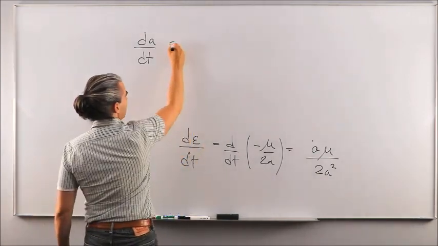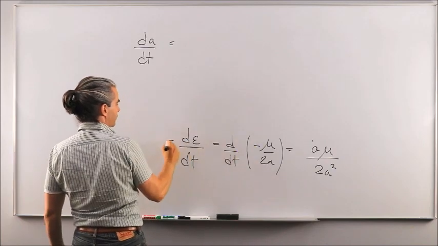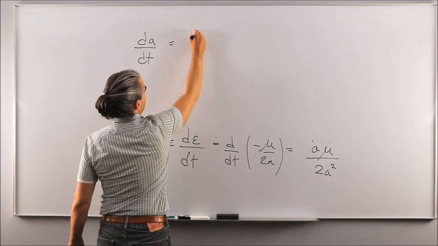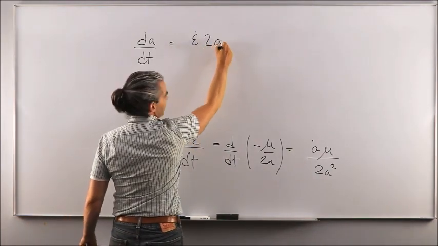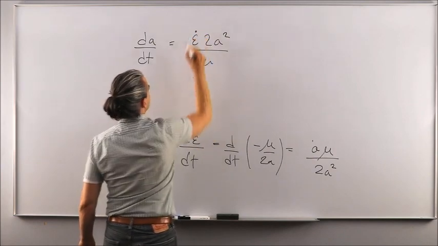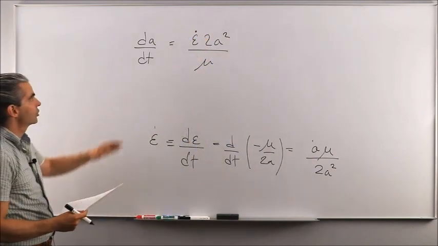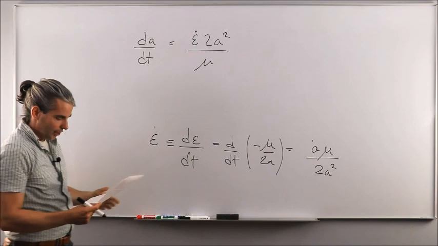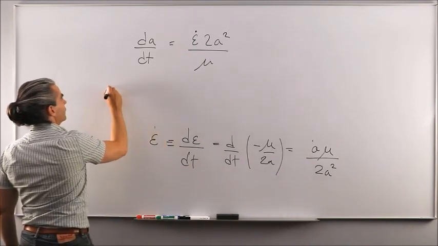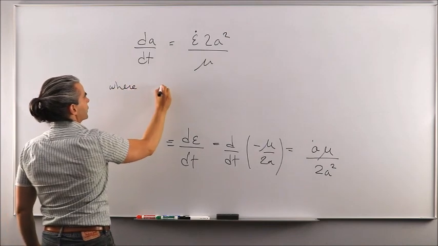We're going to say, based on that equation, if we replace this with E dot, we're going to have E dot times 2a squared over mu. This is the rate of change in semi-major axis. What is E dot?